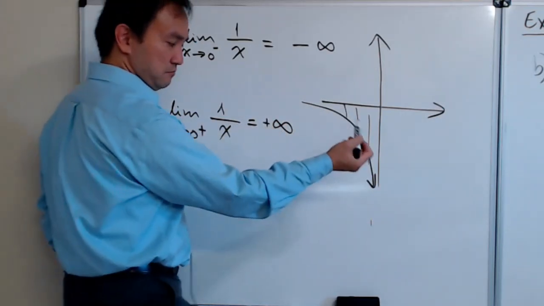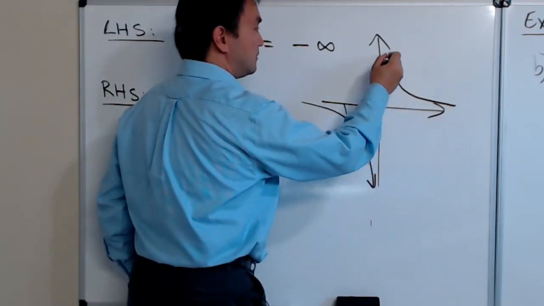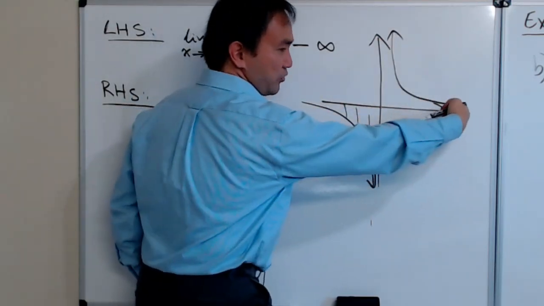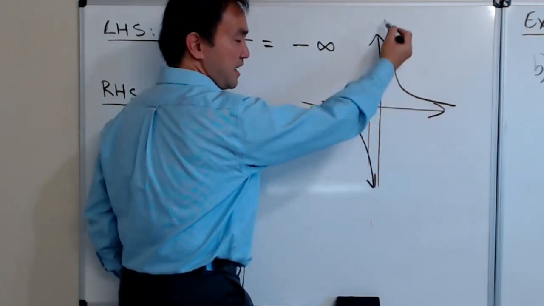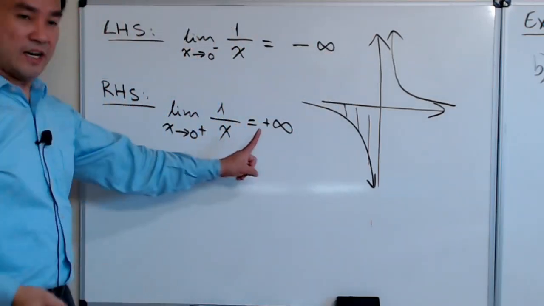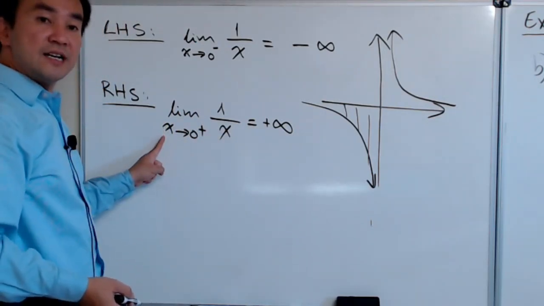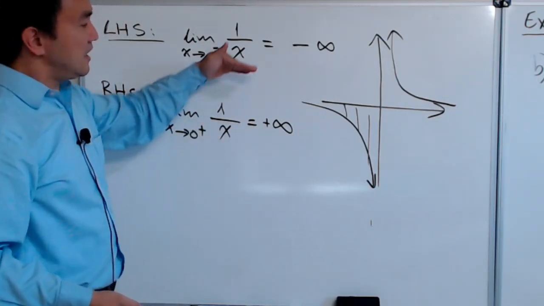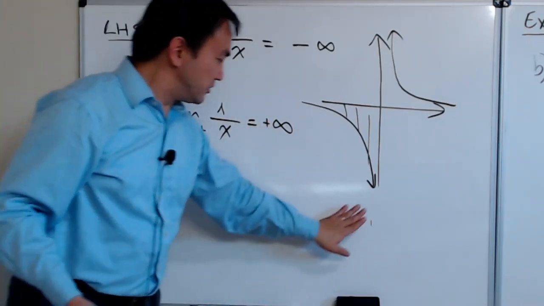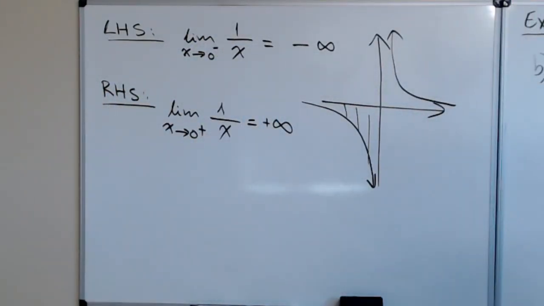I purposely drew it so you can see that as we were getting closer to 0 from the right-hand side, our graph is rising up and keeps rising infinitely. That explains why 1 over x has limit positive infinity. So in the end, the left-sided limit and the right-sided limit did not agree again. Now we are ready to make our way back to the other board where we began our problem.